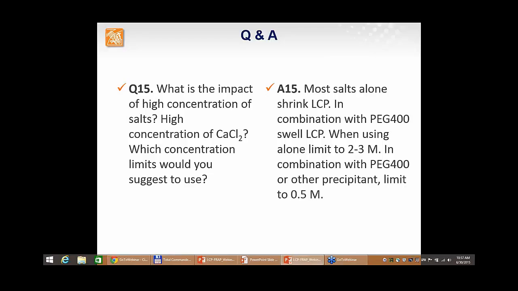The limit that I would suggest when using salts alone is about 2 to 3 molar of salt. With higher than 3 molar for most of the salts, it can transform lipidic cubic phase into a hexagonal phase. In combination with PEG 400, typically I would limit to about half a molar of salt concentration. Again, using a very high concentration of salt and high concentration of PEG can transform your sample into a sponge phase.